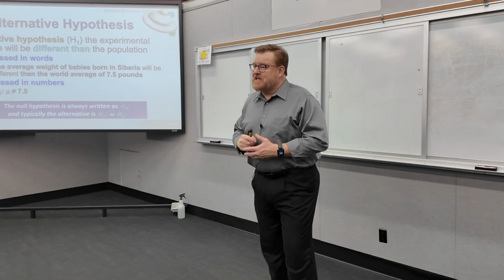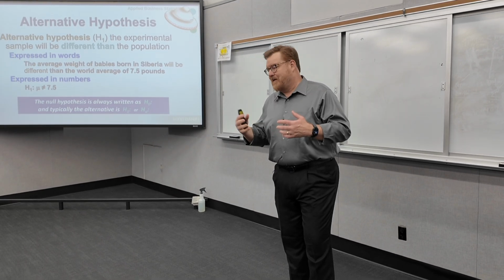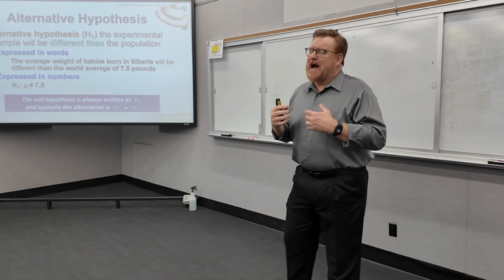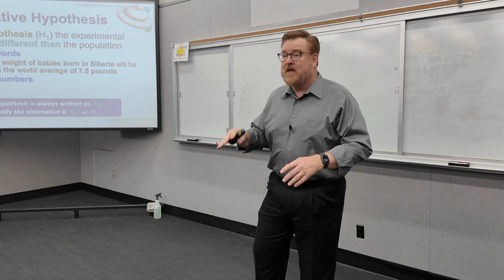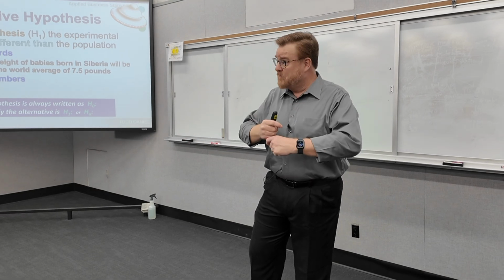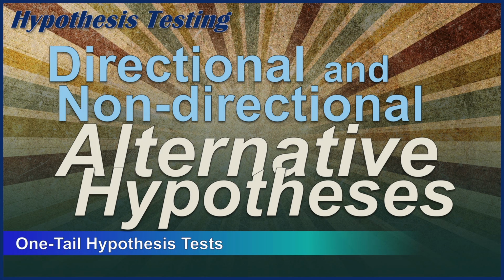You will also see the alternative written as H sub A for alternative, or you could have an H sub B. I don't prefer that, but when you see that, they're referring to exactly the same thing. H sub 1, H sub A, both of those are alternative hypotheses. You can establish a direction for your alternative hypothesis.